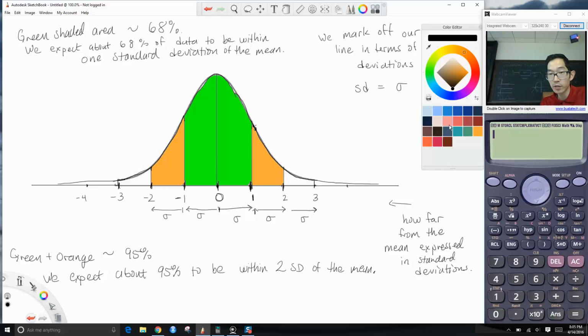And then if I go out to the 3rd standard deviation, this encompasses almost everyone. We only have a tiny little portion outside of this zone. So green plus orange plus red is 99.7%, so almost all.